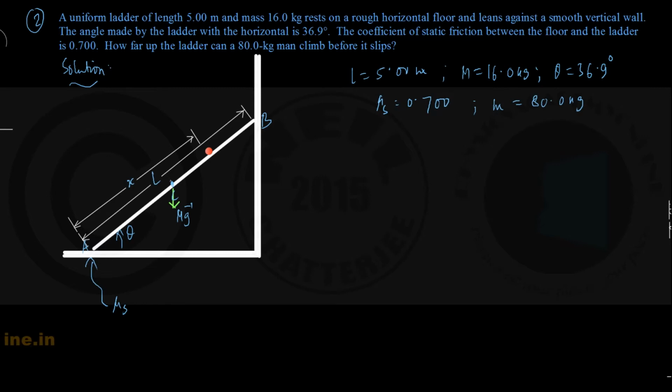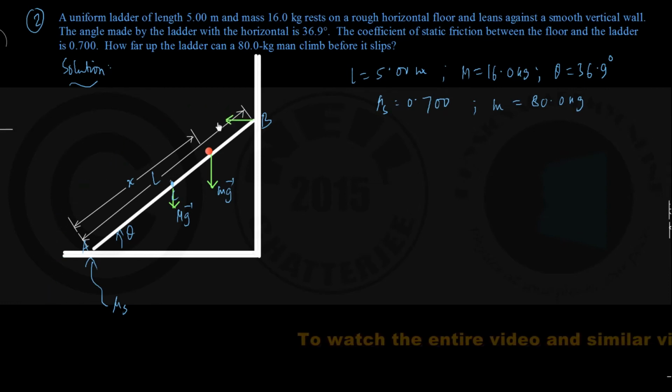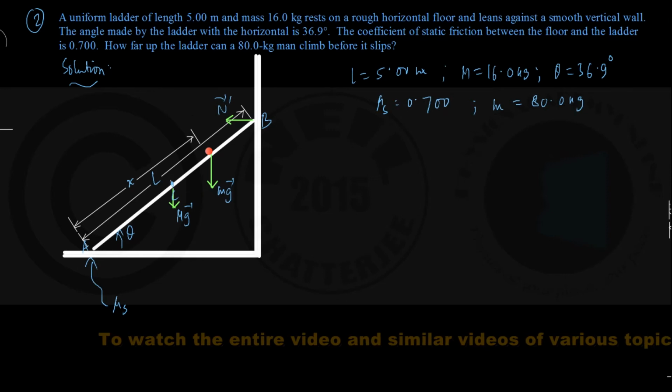And similarly, the force of gravity acting on the man, and that is also acting vertically downwards, that is small m into g. Since the wall is smooth, the contact force exerted on the ladder at point B is a normal force only acting to the left in my figure, and that force I am calling N dash, as I have done in my theoretical part of this class.